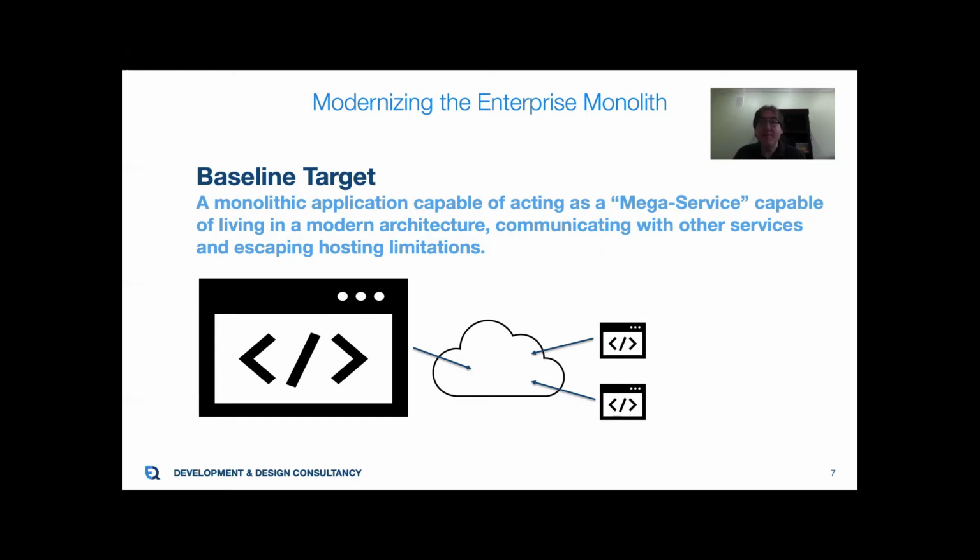It should be able to live inside a modern architecture. It should be able to get out of its hosting limitations and communicate with other services, be those splintered off pieces of that mega service down the line, or be that new functionality developed or acquired outside of this product. It should be as good a player as that Greenfield Hello World program. Otherwise, there's inherently a compromise going on, and one that could cost the business.